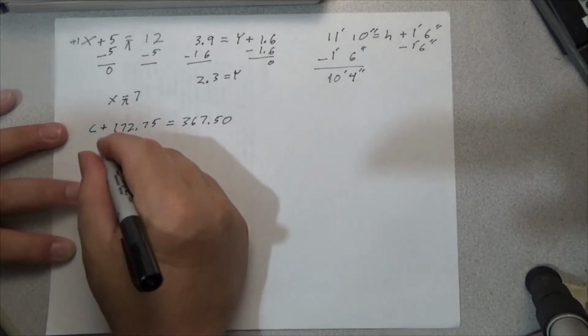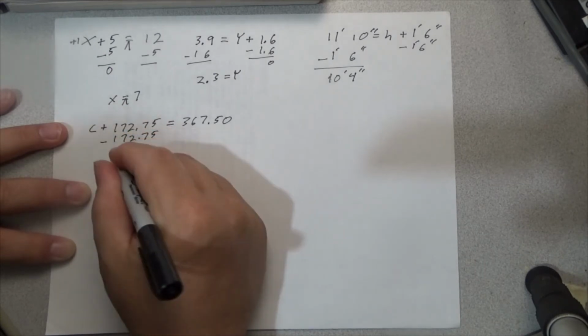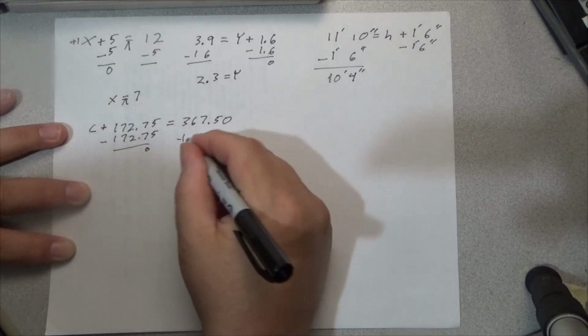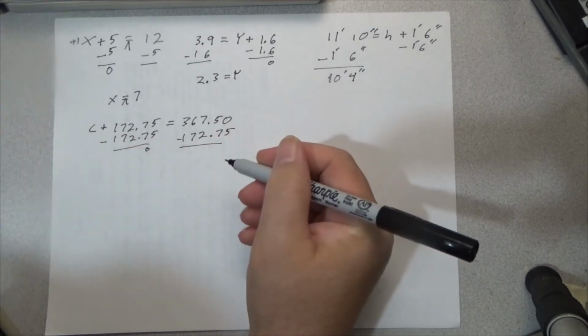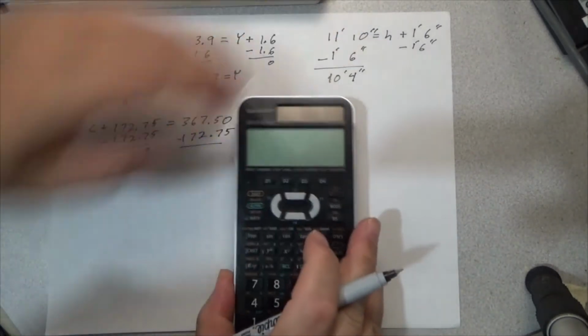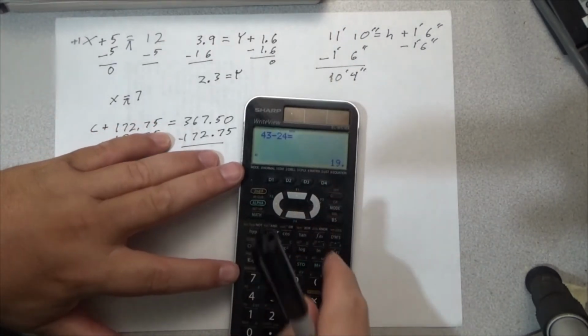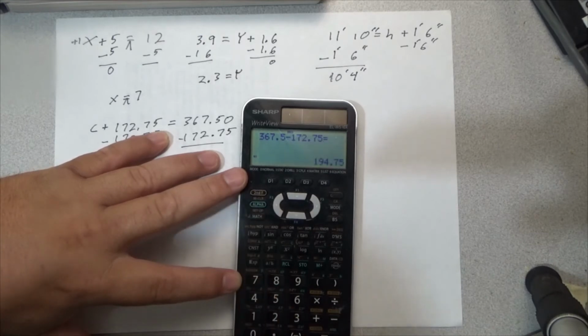So we want to know what the cost is, so we subtract 172.75 from both sides. And I'm going to cheat and use my calculator on this. So I have 367.5 minus 172.75.